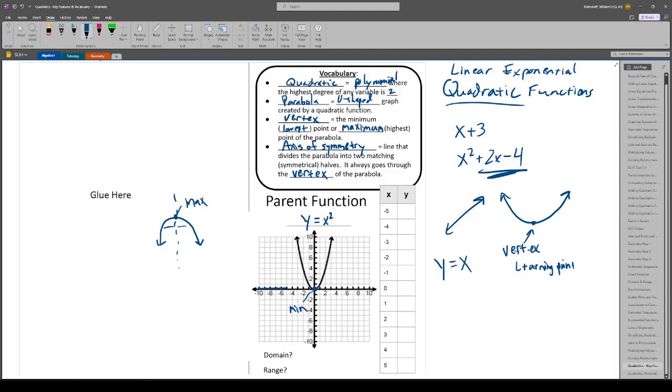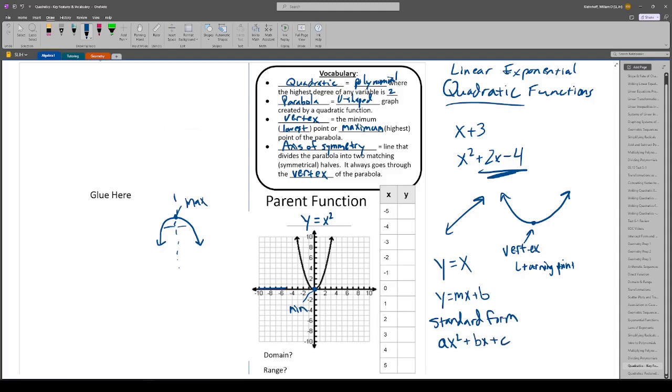We'll talk as we go forward about standard forms of quadratic equations. Just like we had forms of linear equations like y equals mx plus b, our primary form of quadratics is called standard form. It's a little different than linear standard form, and it looks like ax squared plus bx plus c.